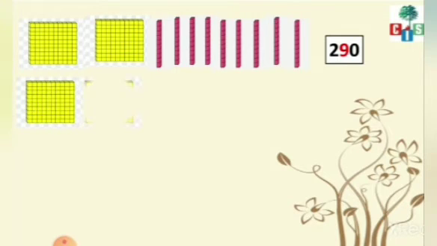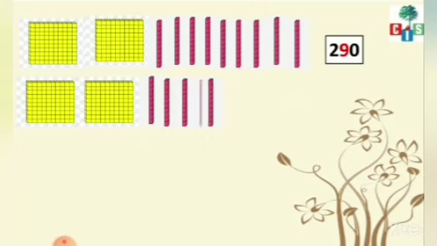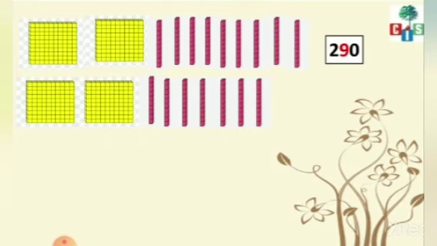Now let's see the next one. 1, 2. It's a block of 100 and here there are two blocks of 100. Now let's see how many tens I'm going to get. 1, 2, 3, 4, 5, 6, 7, 8, 9, 10.